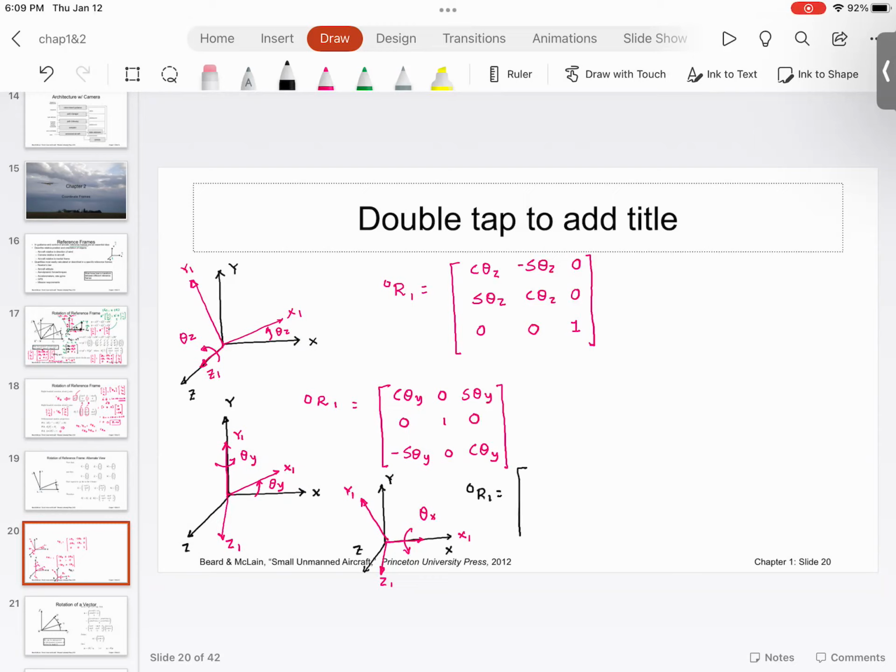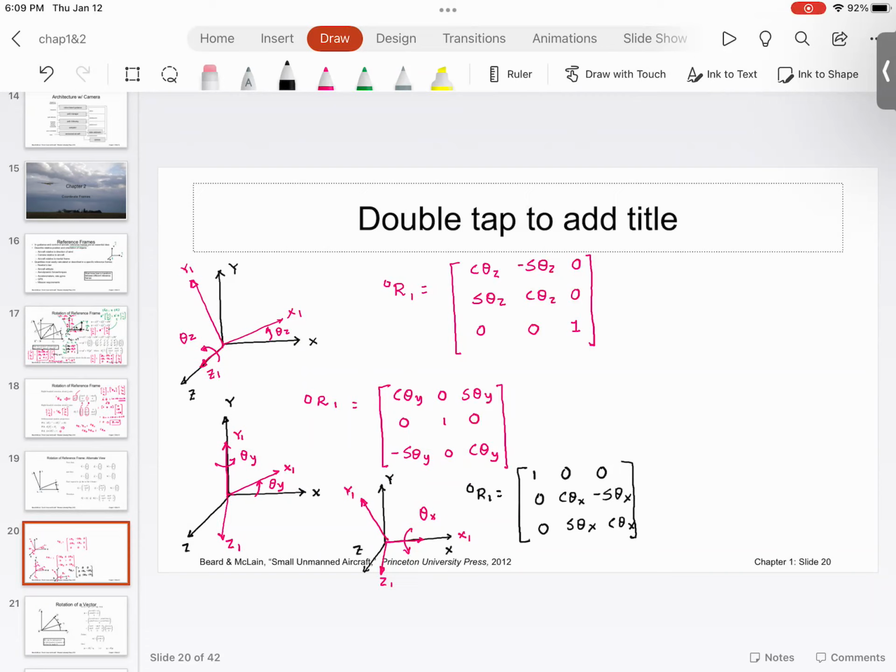Since the rotation is about x, we are going to have 1, 0, 0; 0, cosine theta x, minus sine theta x; 0, sine theta x, and cosine theta x.